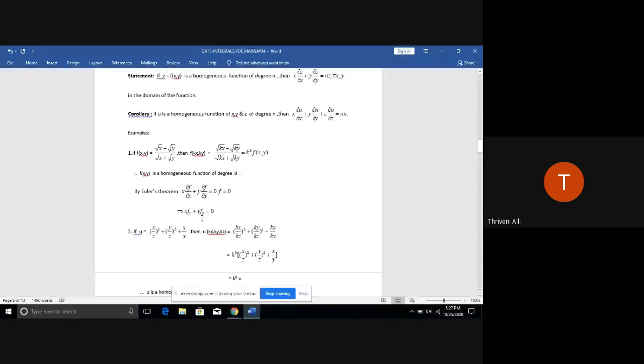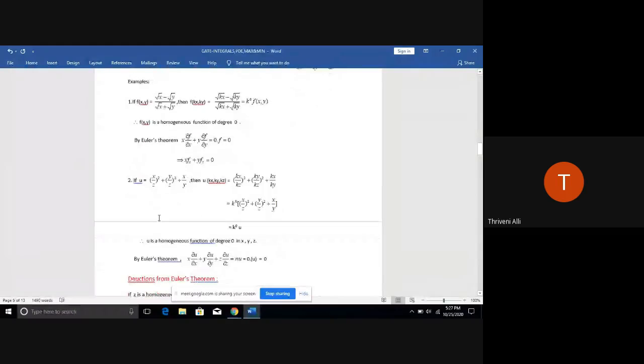Next, see the second example. If u is a function of x, y, z, that is u = (x/z)² + (y/z)² + x/y, then u(kx, ky, kz) equals, okay, so we replace kx in the place of x, ky in the place of y and kz in the place of z, and taking constants common in both numerator and denominator, by cancelling constants we get 1.